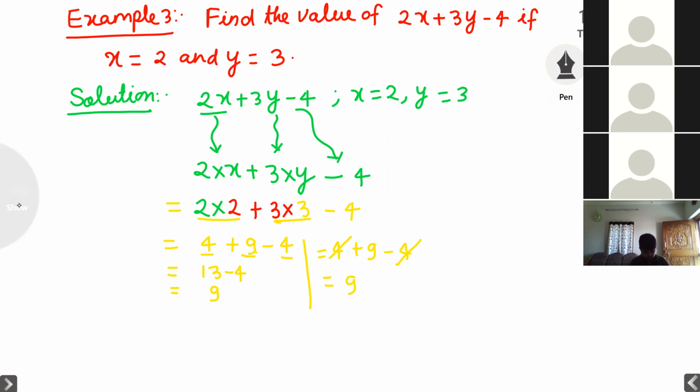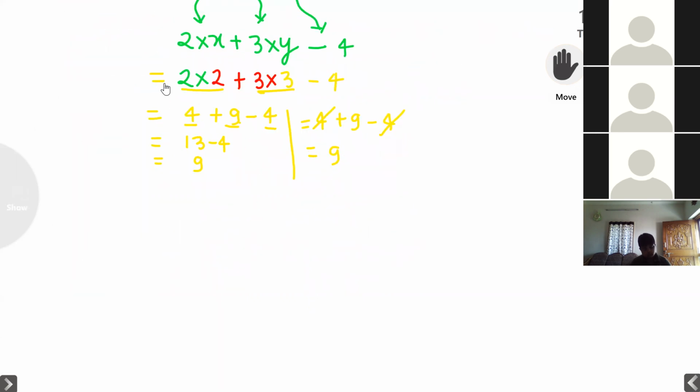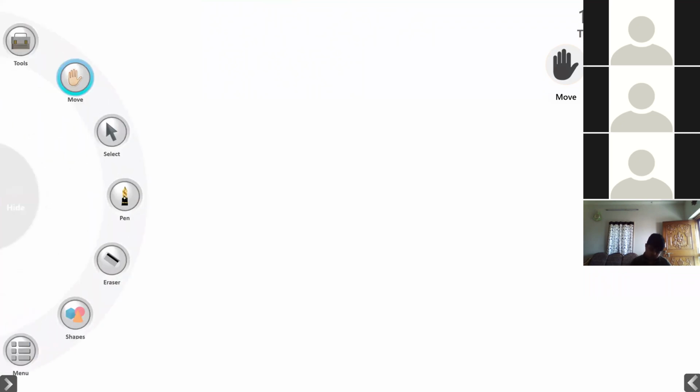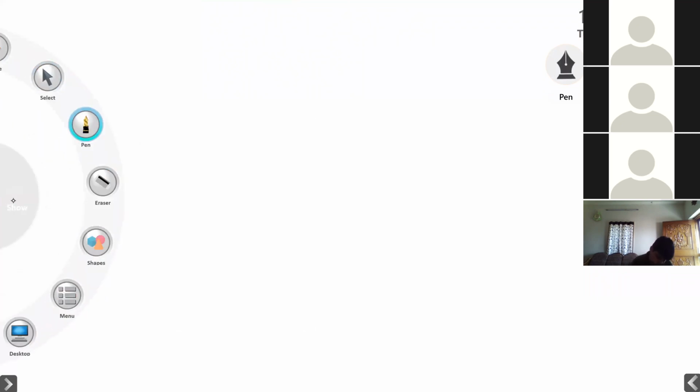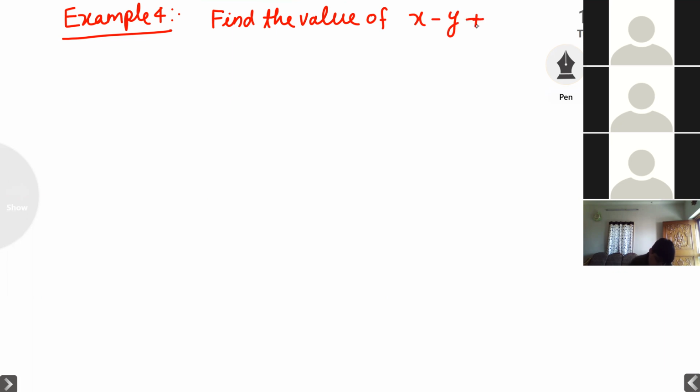Example 4. Find the value of x minus y plus 20 if x equals 2 and y equals 1.